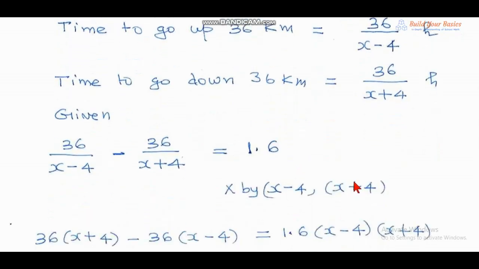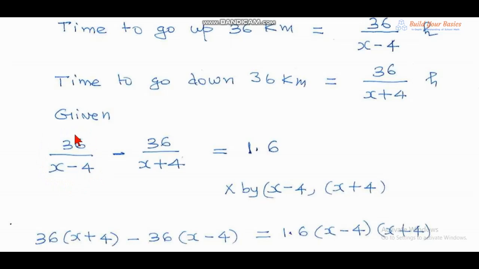It is given, boat takes 1.6 hours longer to go 36 kilometers up than down the river. So 36 by x minus 4 minus 36 by x plus 4 equal to 1.6. This is bigger number because denominator is smaller than this.